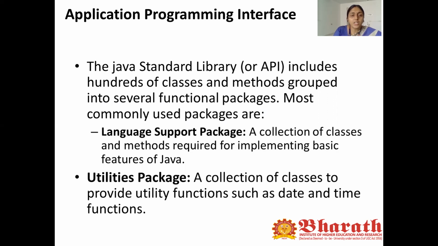And next is the utility package, a collection of classes to provide utility functions such as date and time functions, and even for getting the input for the Java source code.